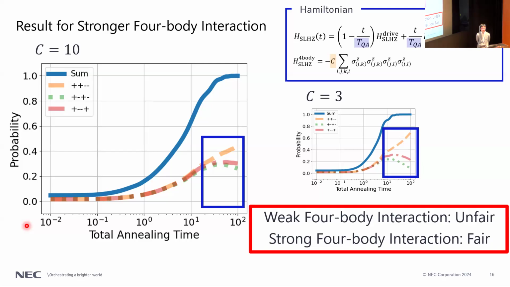Thank you for the presentation. So I'm wondering, you showed the degeneracy introduced by this SLHZ scheme, but we also know that some original Hamiltonians, as Matsuda showed yesterday, have degeneracy as a nature of the problem.